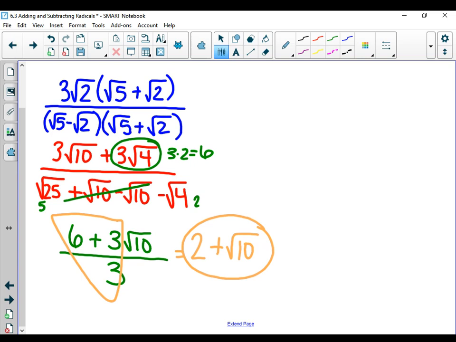Questions on that? I did a lot in that second step, so if you need me to write that out, let me know. Kind of wrote some stuff off to the side, didn't really show my work on an actual progression of it.